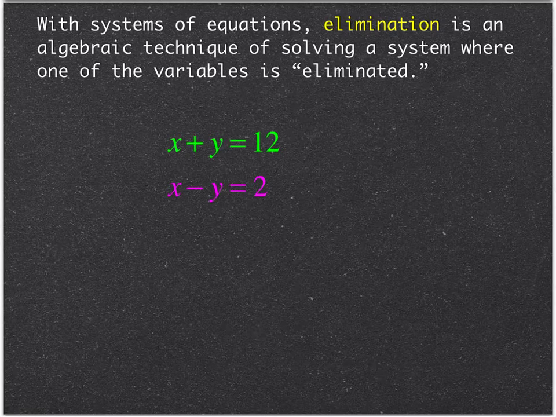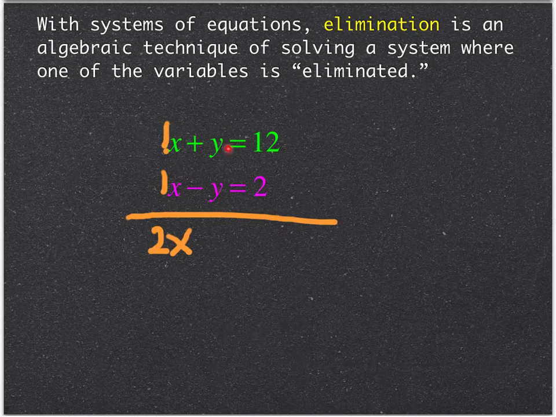Now let's just take a look at this first system we have here. x plus y equals 12 and x minus y equals 2. Notice when I add columns here essentially, let's just see what happens. So in this case, x plus x, remember this is like 1x plus 1x, of course I'm going to get 2x out of all that. Now look what happens in this second column though.